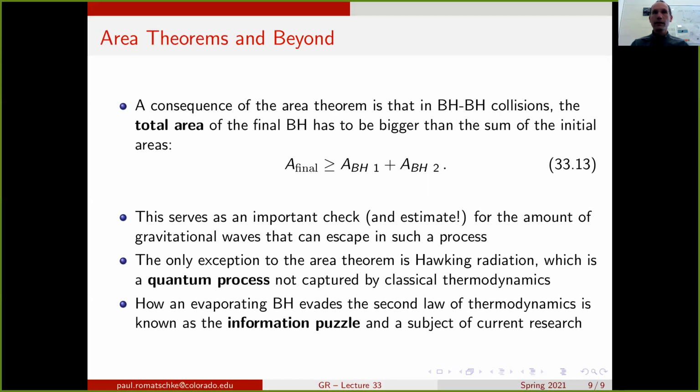The information puzzle is not really solved in GR, and it is a subject of current research that extends way beyond classical general relativity into string theory and quantum information science. It's a big research area at the moment. This concludes the presentation.